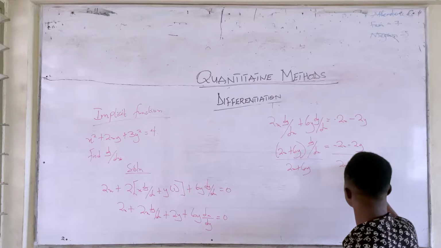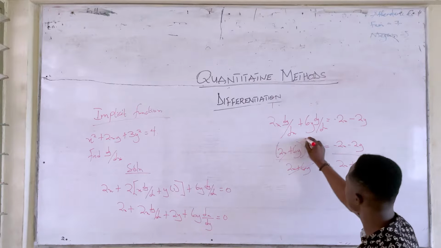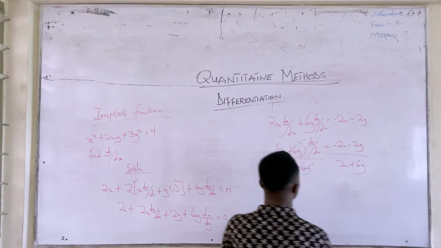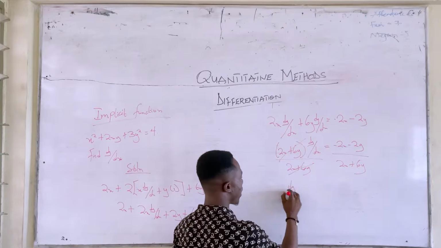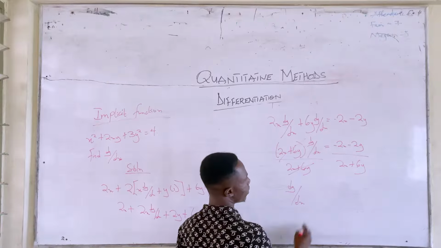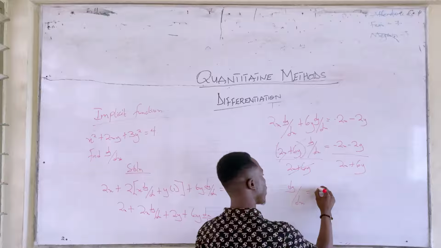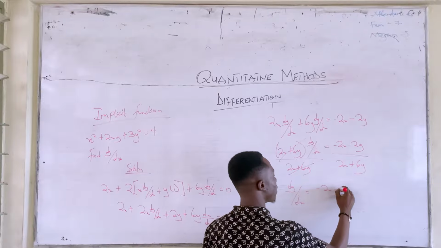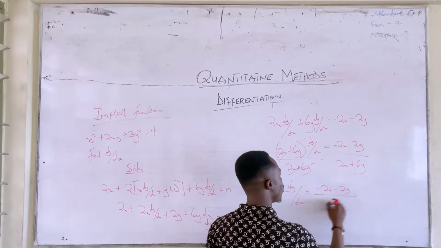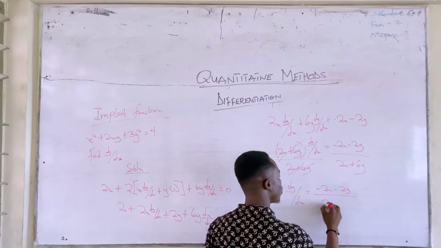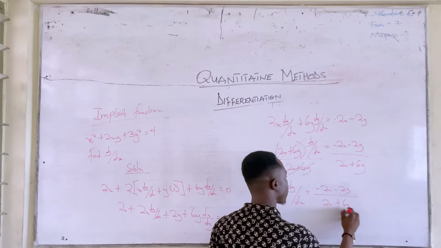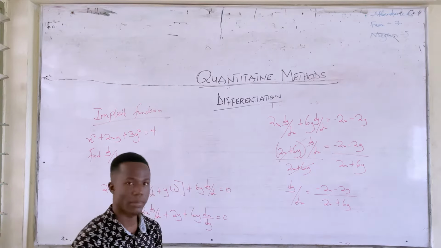So this one cancels out this. Now we have dy dx equal to negative 2x negative 2y all over 2x plus 6y.